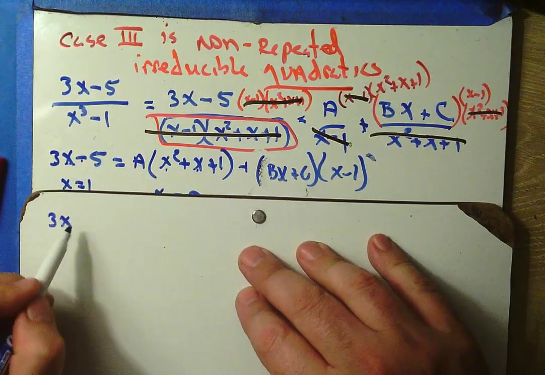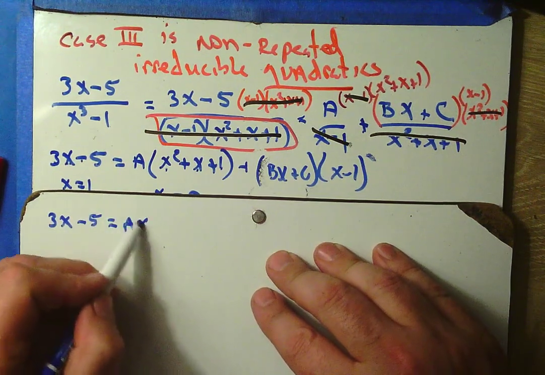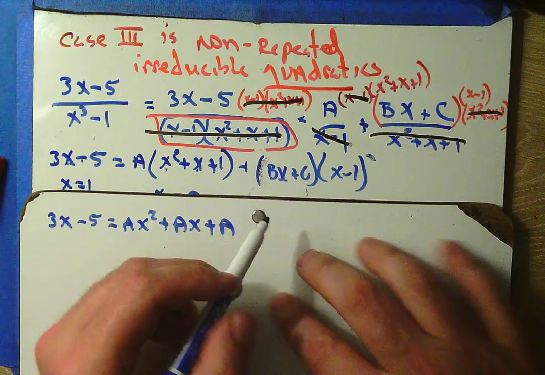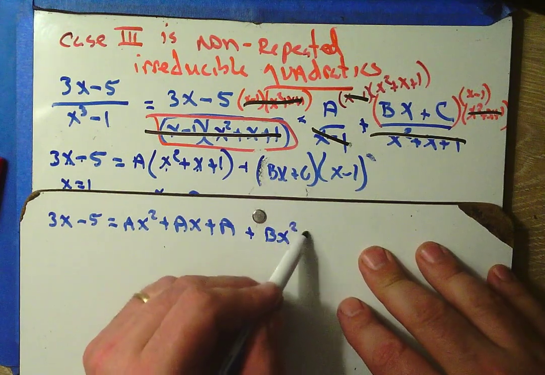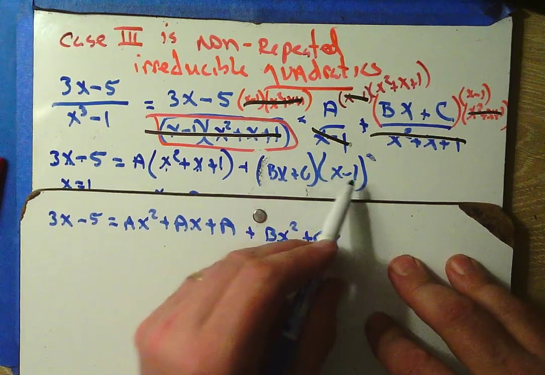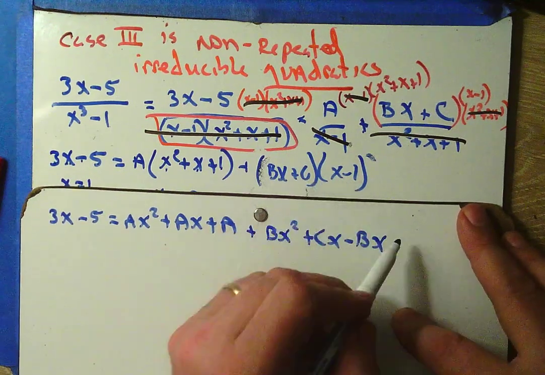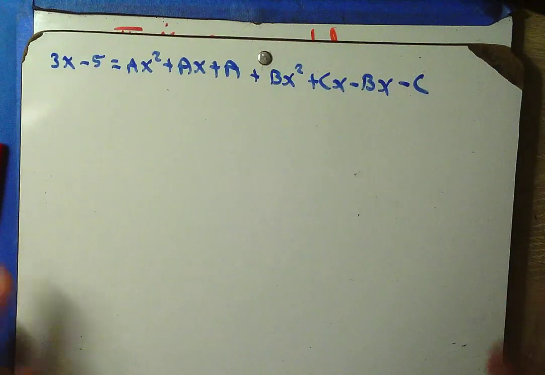So I'm going to have 3x minus 5 equals ax squared plus ax plus a. And here I have to FOIL. I'm going to have bx squared plus cx. Negative 1 times bx is minus bx. Negative 1 times c is minus c. Wow, look at all that stuff.